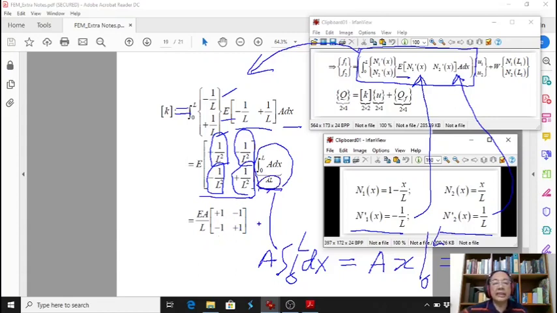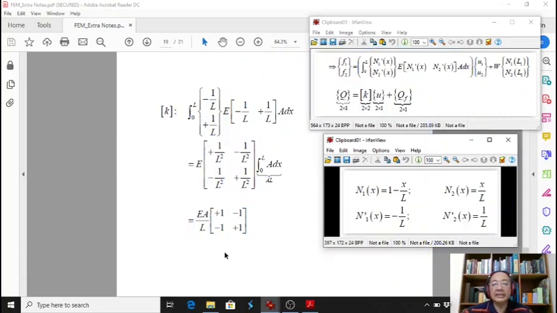And after that, AL we multiply by E and divide by L squared. So finally we get EA per L, with the matrix 1 minus 1 minus 1 1. So this is the same as the truss stiffness matrix before.